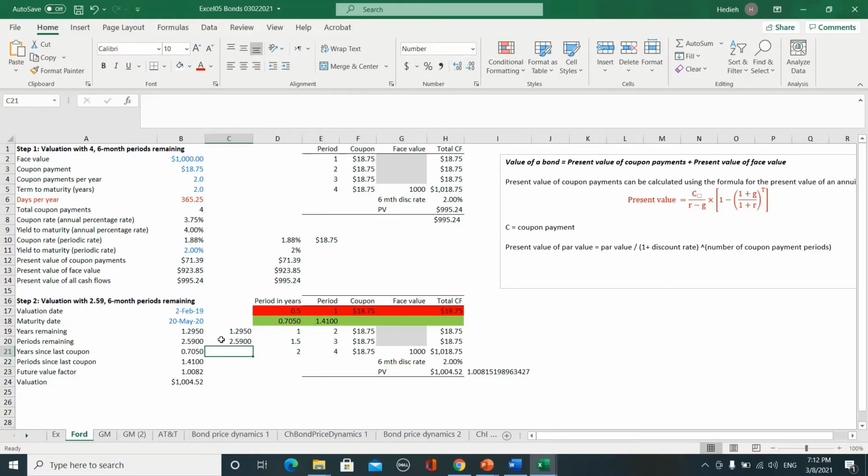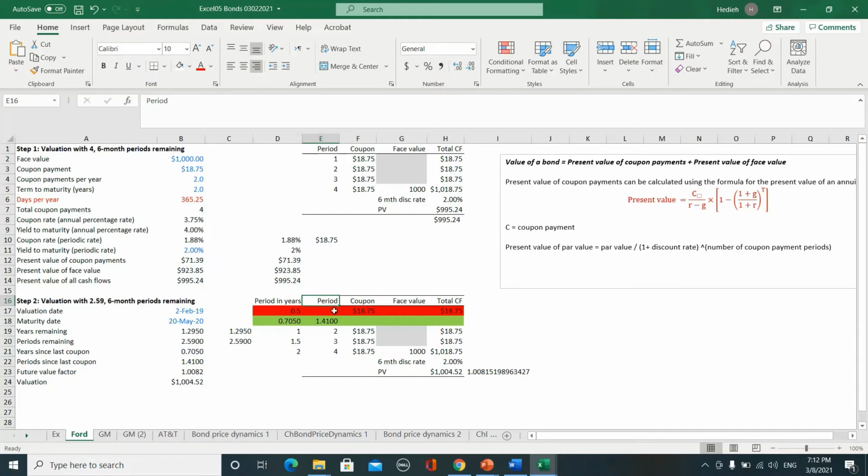Okay, so now you know that the number of periods till maturity is not an integer, right? And you are asked to find the value of this bond. So what should we do? Let's make a table, okay? We know that in this bond, we receive coupon payments every 6 months.